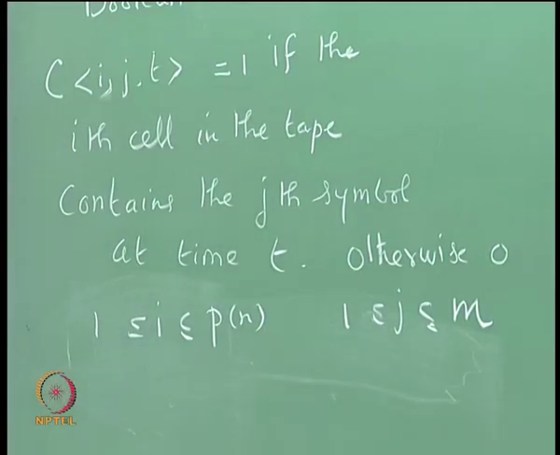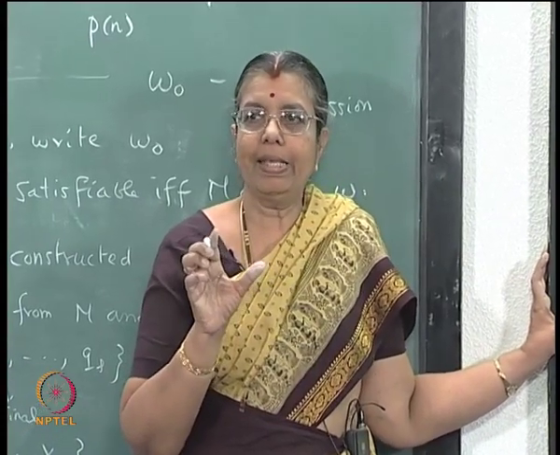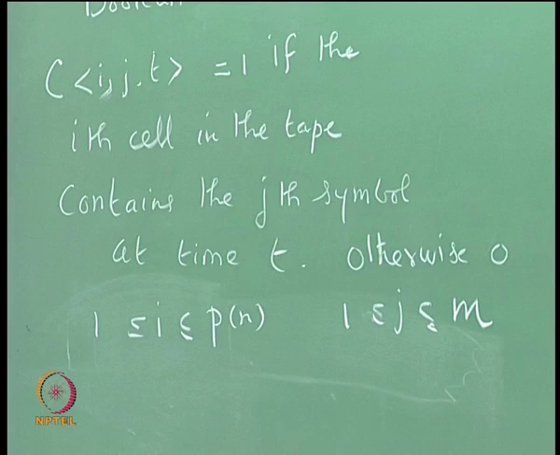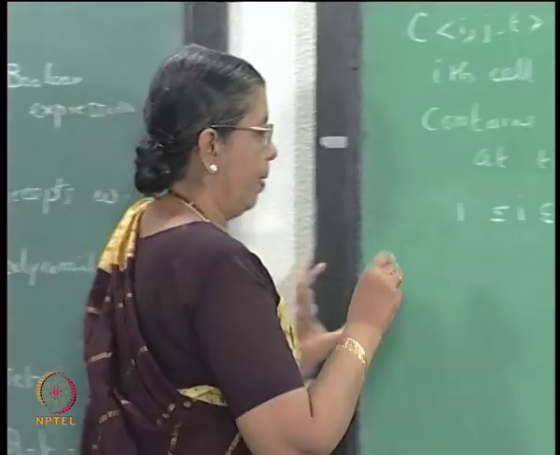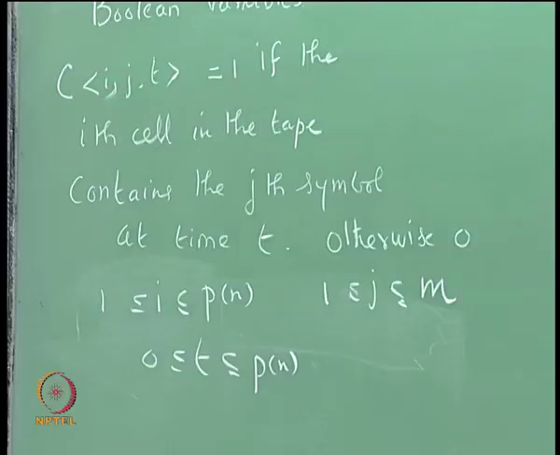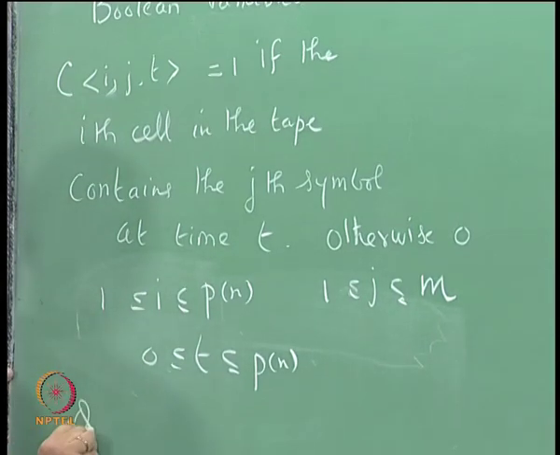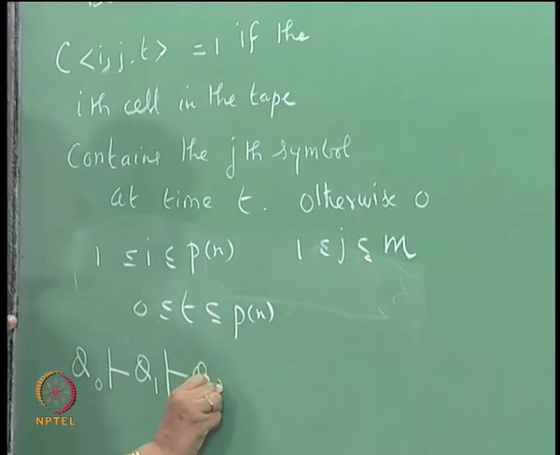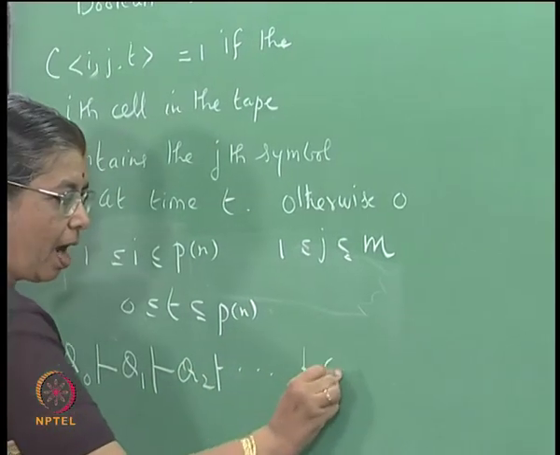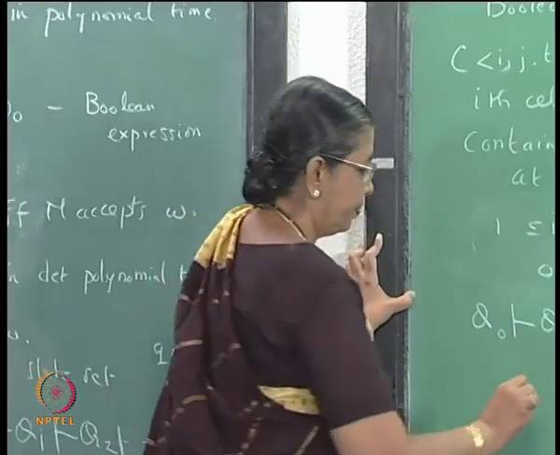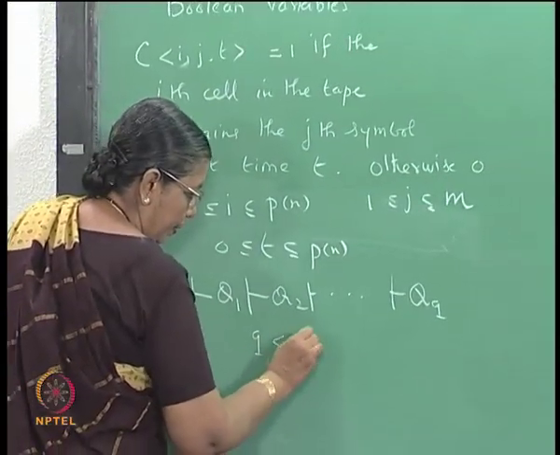What is the range for t? Initial ID is time t equal to 0, right. Initially you start at time t equal to 0 and you can go up to time P of n. There is a small thing we have to note here. From ID q0, you go to q1, you go to q2, and after some steps it stops. That q will be less than or equal to P of n.